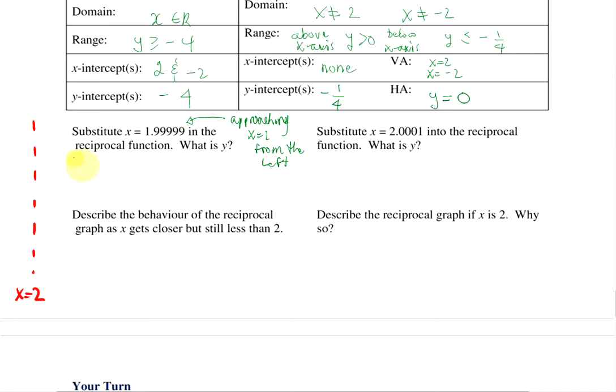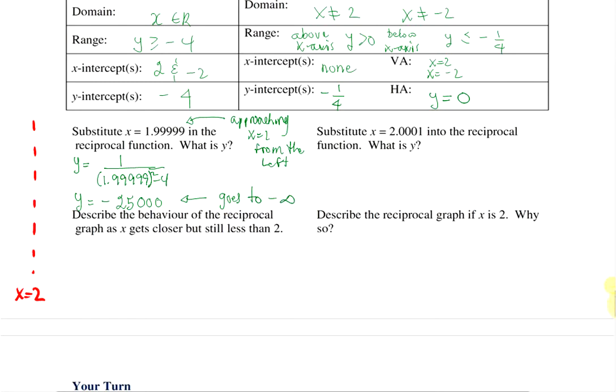We substitute that x value in, and we get 1 over 1.99999 squared minus 4 in the denominator, and we find that we get a rather large number, negative 25,000, which means that our y values are approaching negative infinity.